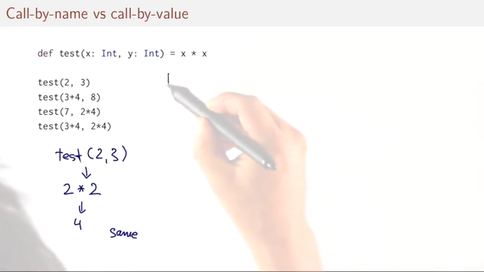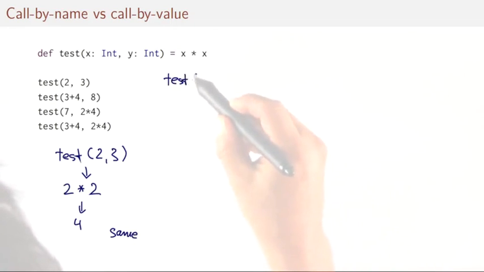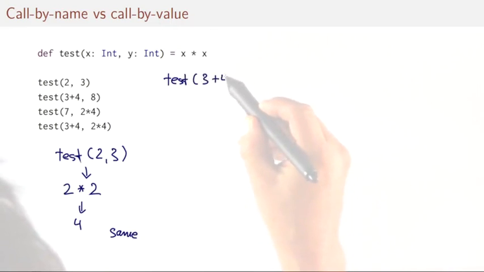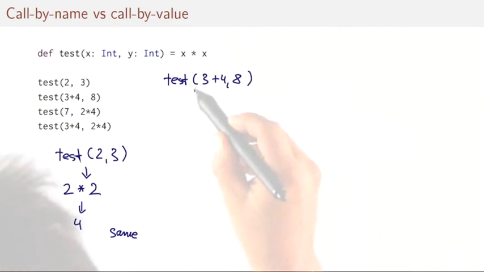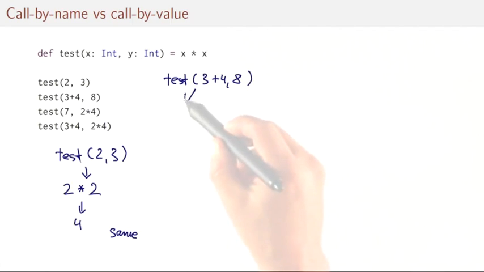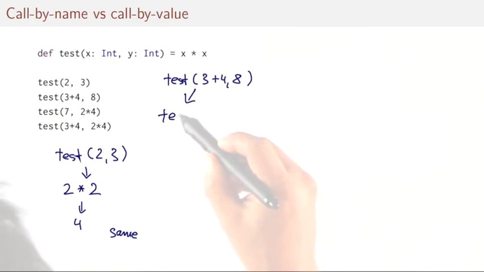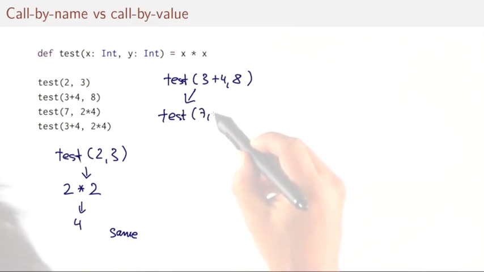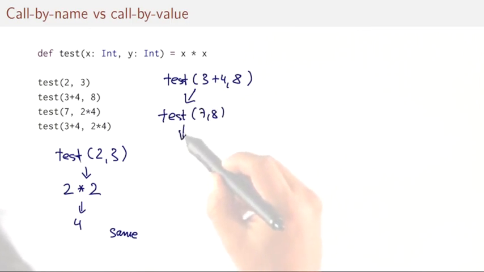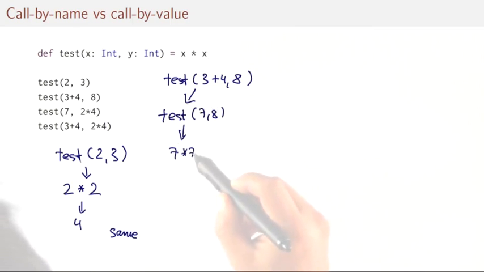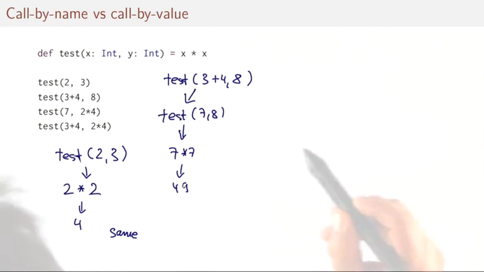test(3 + 4, 8). Under call by value, we have to evaluate the arguments. So we get test(7, 8). And that gives us 7 * 7 and the final result.